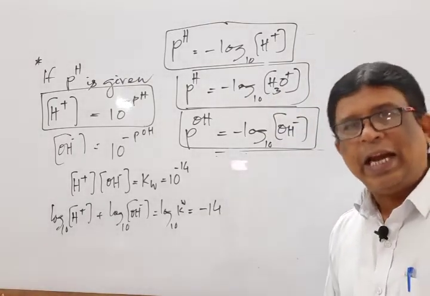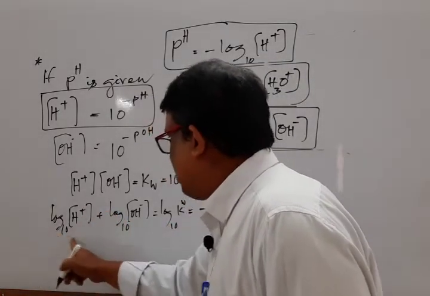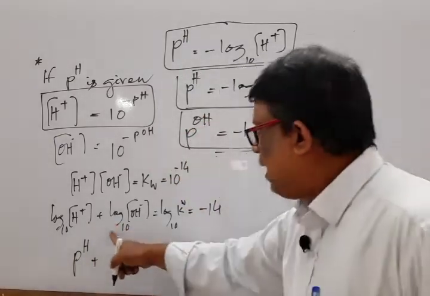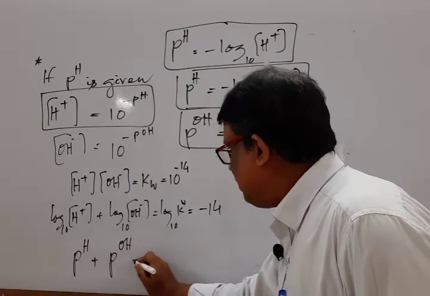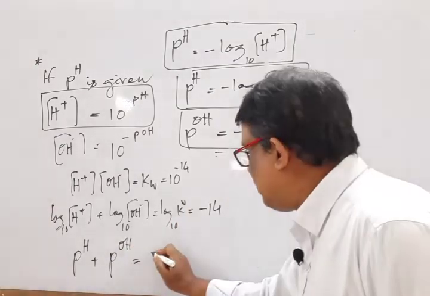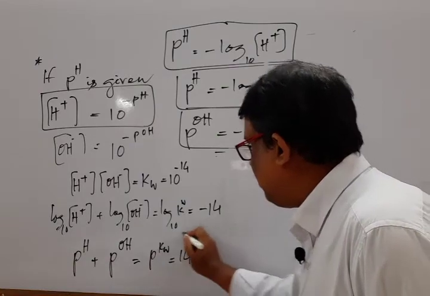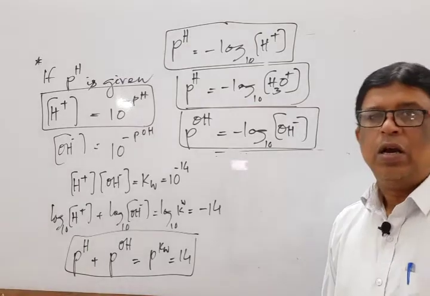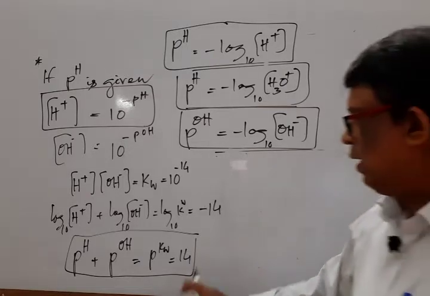Then multiplying negative sign to each term, this one is minus log H plus ion, that is pH, plus this one minus log OH minus ion, that is pOH, is equal to minus log Kw, that is pKw, is equal to 14. Mark that another relationship, that is pH plus pOH is equal to pKw is equal to 14.